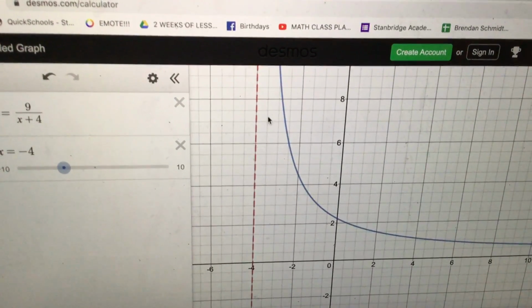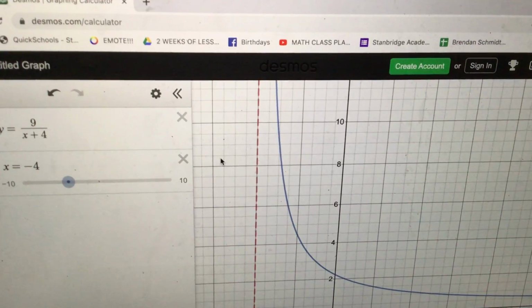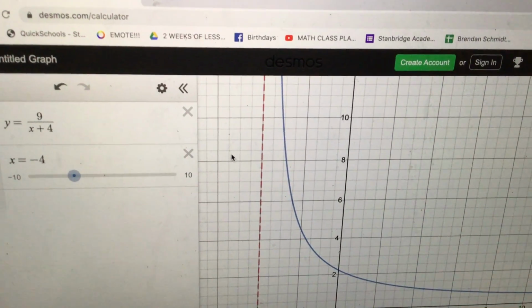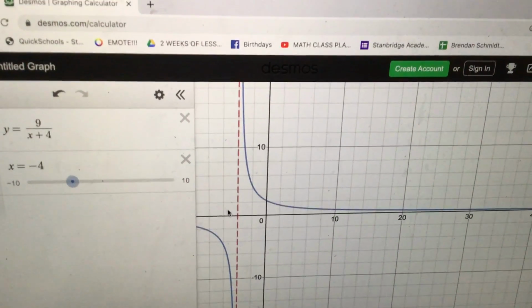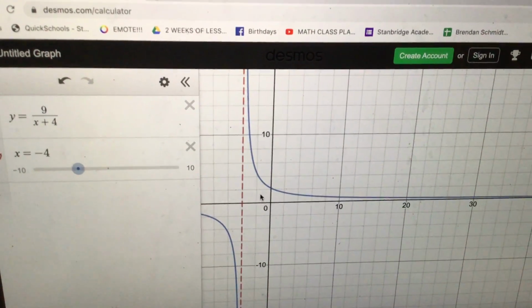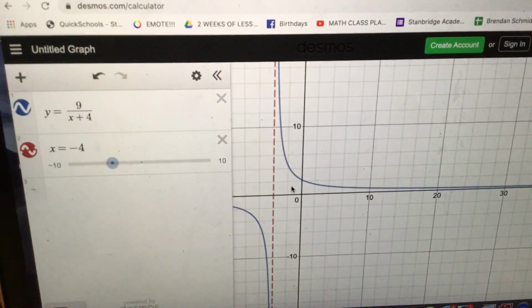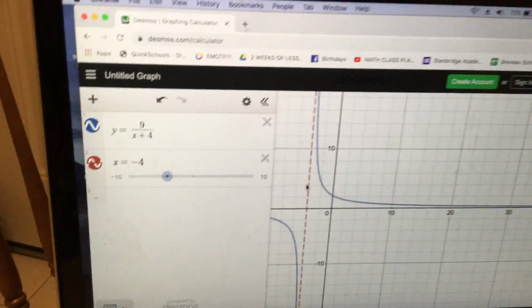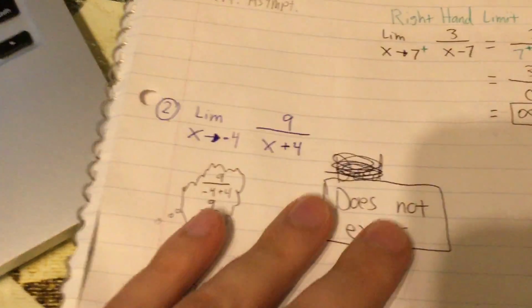Therefore, the limit does not exist at x equals negative 4 because they can't agree on where the y values want to go to. Okay? So I assure you, not all of them are going to be the limit does not exist, but I just wanted to warm you guys up.